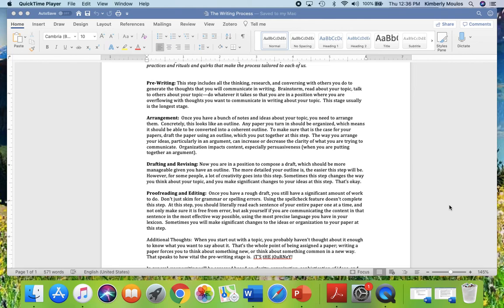Also in pre-writing is doing research. You are going to write about something, and the whole point isn't to be graded on how much you already know before taking the class and writing a paper just based on what you already know, but to learn about something and think differently or more critically about something.